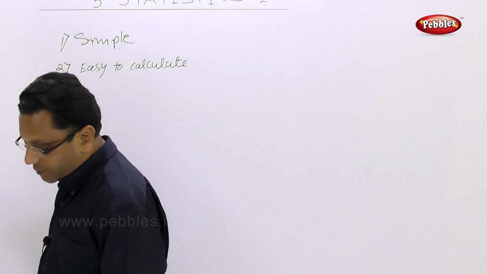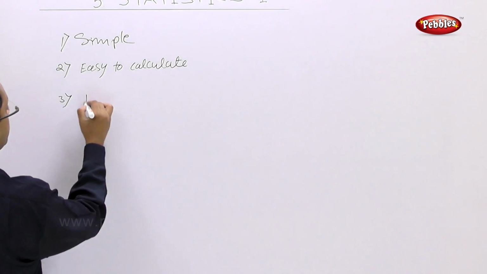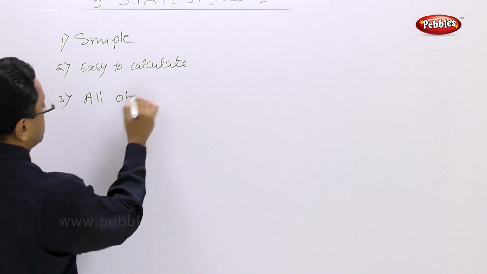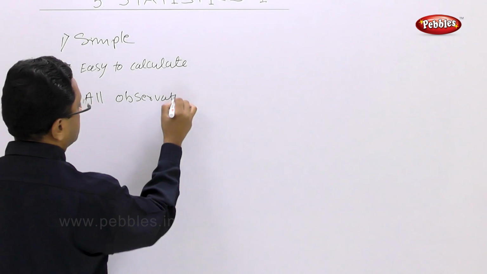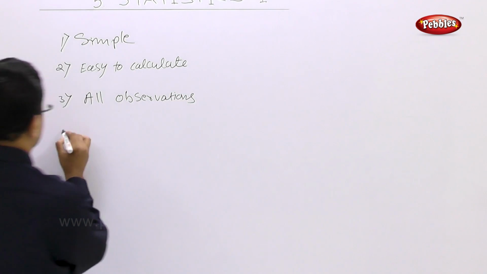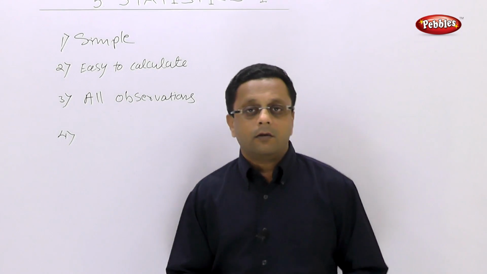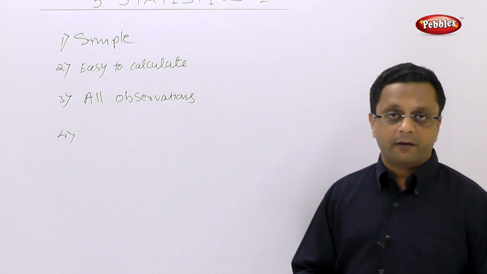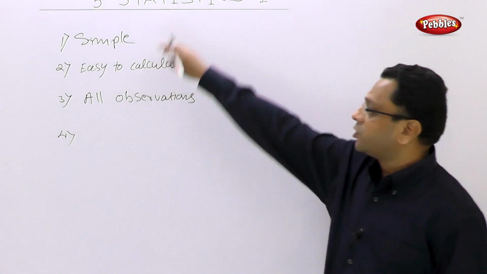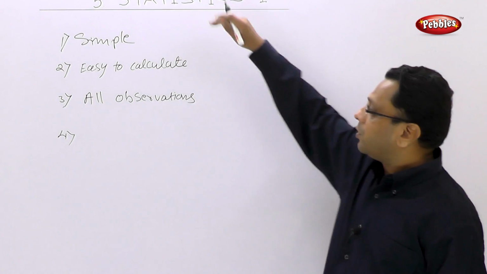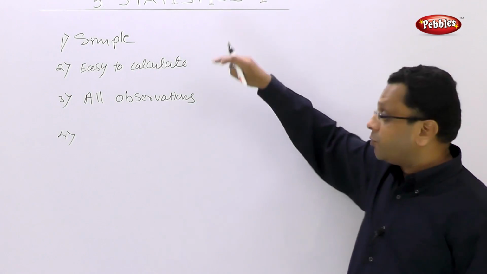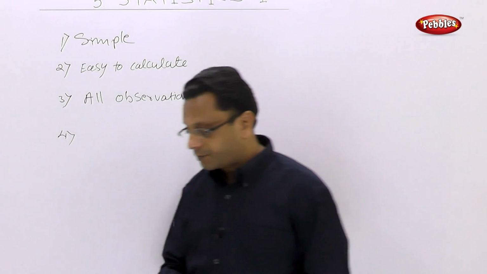The third is, all observations should be taken. Whatever central tendency we are going to find, what are the ideal things? First, it should be very simple, very easy to calculate. It should be based on all observations.